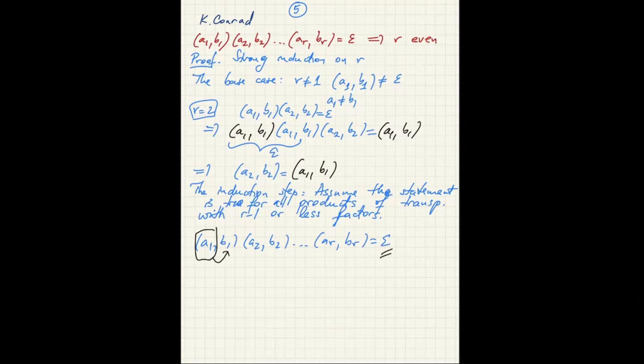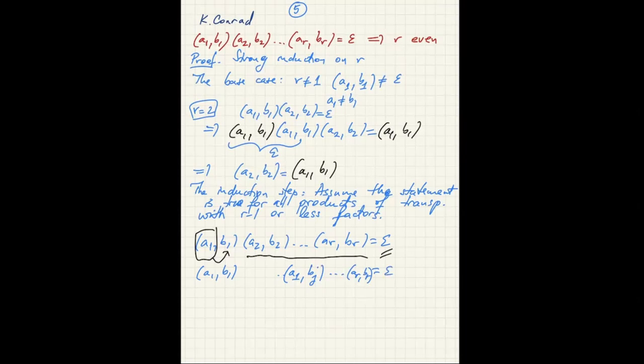So at some point, maybe A1 travels to various places through these transpositions, but some other transposition in the other R-1 factors must also contain A1 in it. So we're going to have A1 B1, and somewhere, it could be immediately after or further away, we have some A1 BJ, and so on up to AR BR equals the identity.